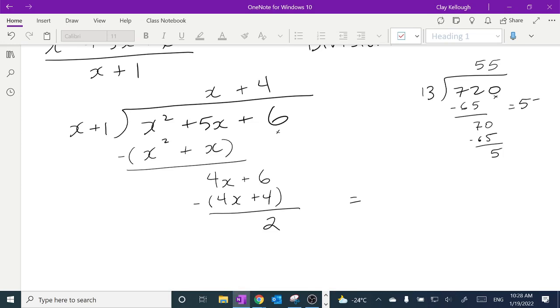We made it 55 and 5/13. This is going to be x plus 4 and 2 over x plus 1. And that's the answer when I divide. And that's long dividing with algebra.